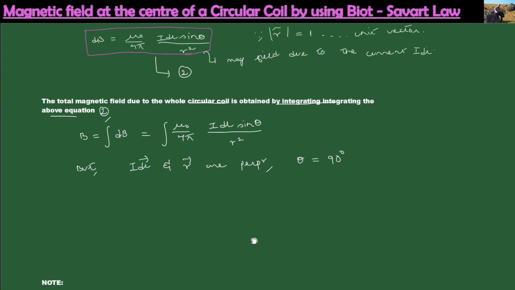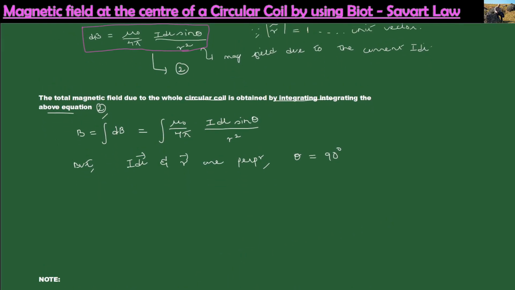So when we substitute in this equation, B will be equal to mu naught by 4 pi, which is constant, so you can take that outside of the integral sign, and then we have the integration over I dl.